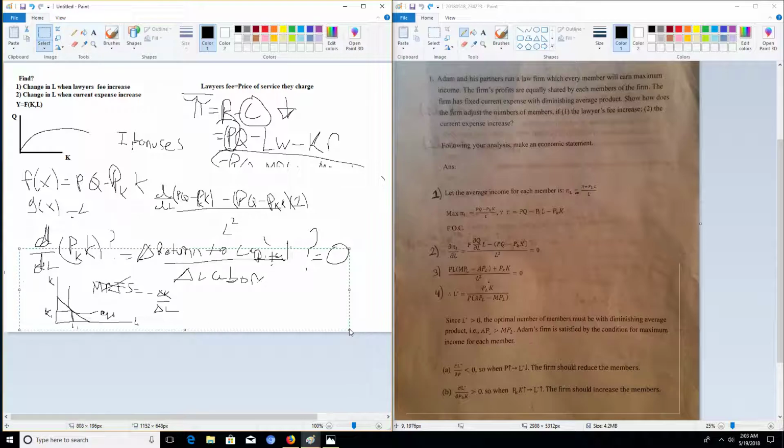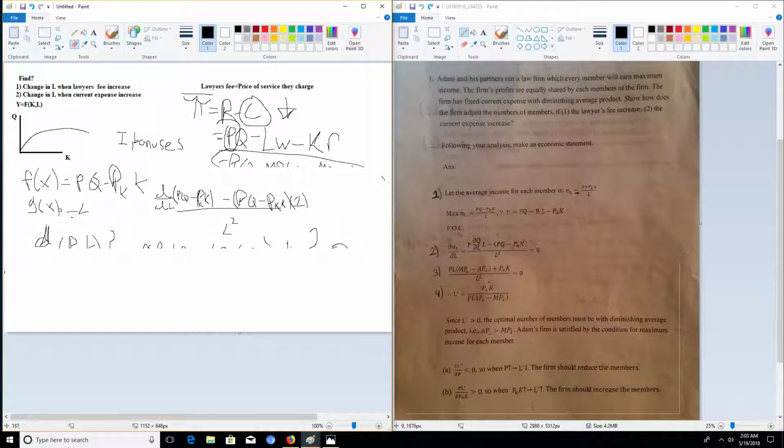Let me get rid of this stuff and erase. Alright, so now I've established that the derivative of this portion is 0. So I'll write, we're left with the L of PQ.